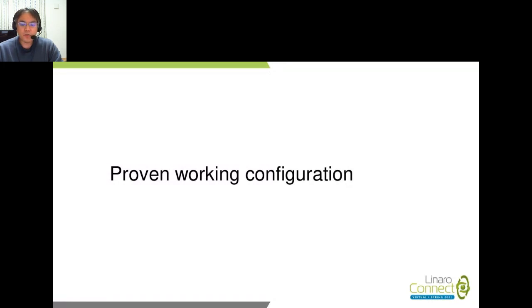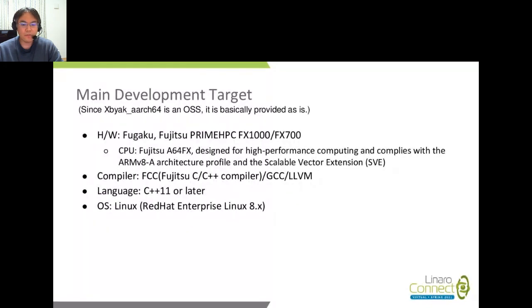Next, I'll show the environment where Xbyak can operate. This page shows the main development target of Xbyak. We developed Xbyak for the supercomputer Fugaku and its derivative systems, FX1000 and FX700s.